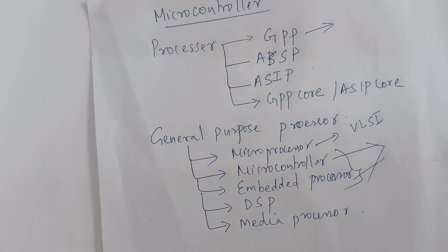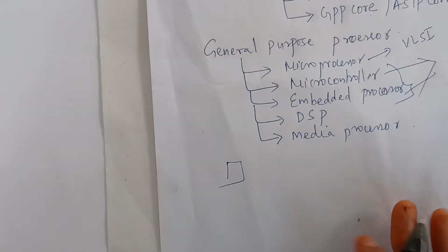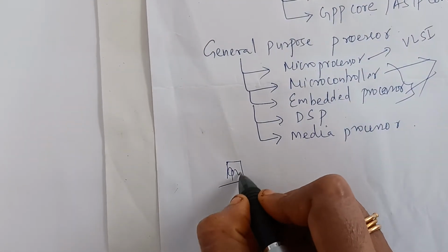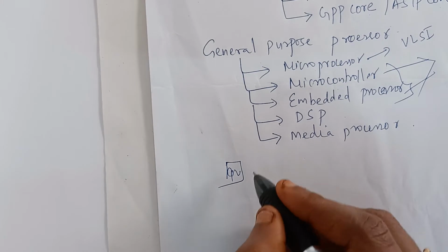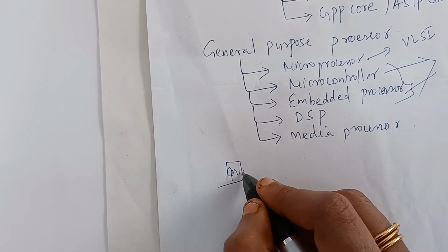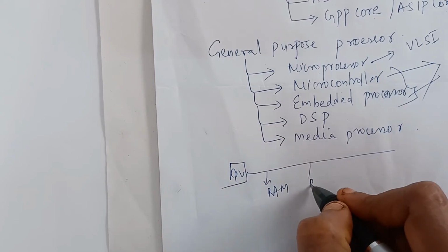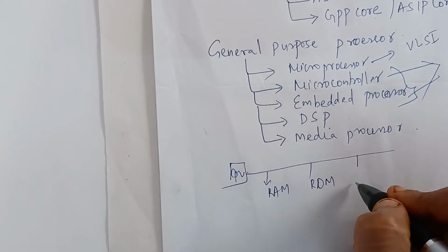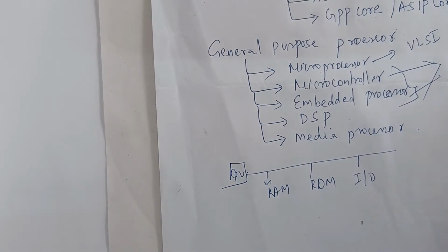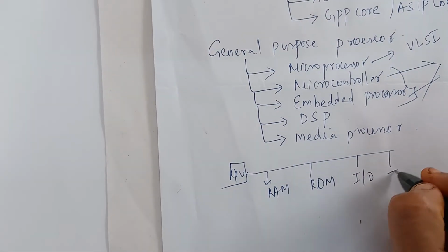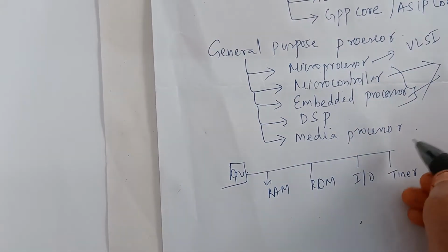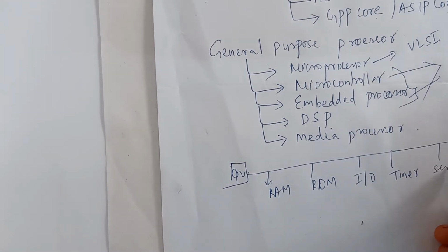In the microprocessor we are interfacing our CPU with RAM and ROM. We have a CPU as usual, and we are going to interface our RAM, introduce our ROM, and interface our input output port, as well as a timer and a serial port.